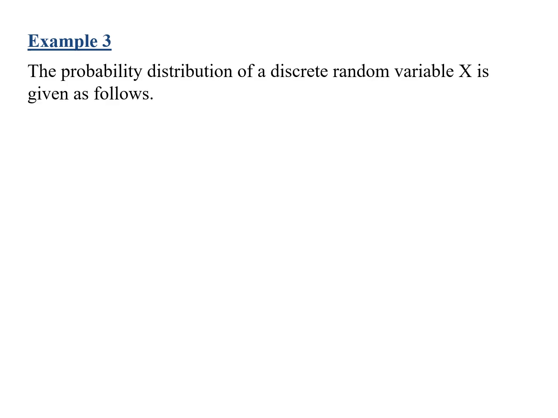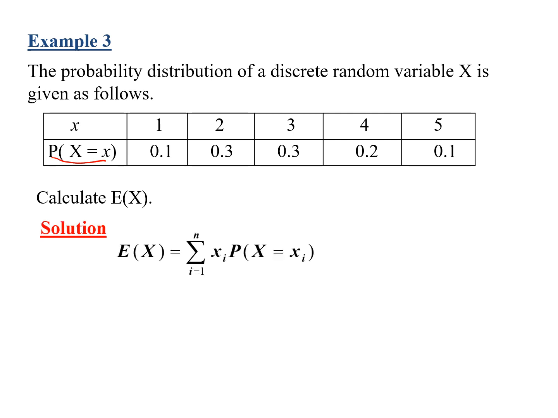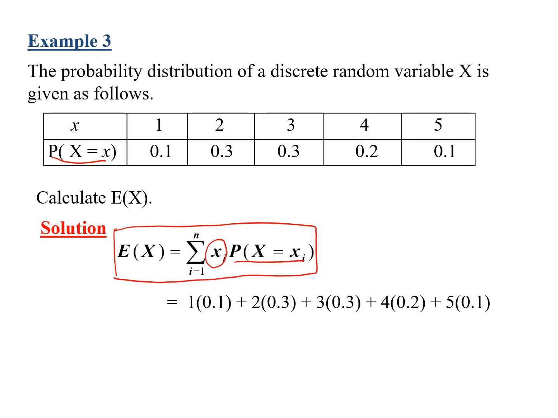Example 3. The probability distribution of a discrete random variable x is given as follows. In the form of a table, this one is the probability distribution function. Calculate E(x). For the solution, we use the formula E(x) equals the summation of x times the probability.